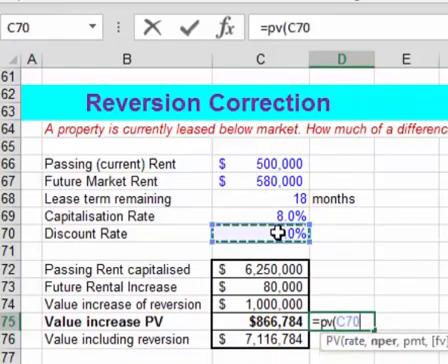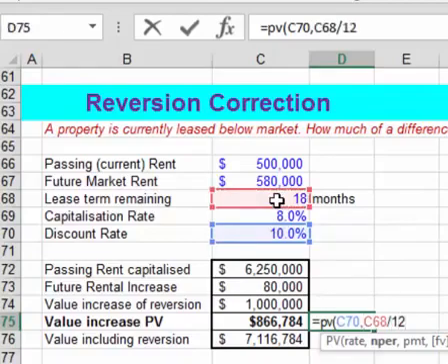It's going to ask for the number of periods, which is going to be 18 months divided by 12. It's going to ask for the regular payment. Now in this case there's no regular payment. We could put a 0 here, or simply put another comma. And the last thing it's going to ask for is the future value. We put that in as negative, and the future value is $1 million.